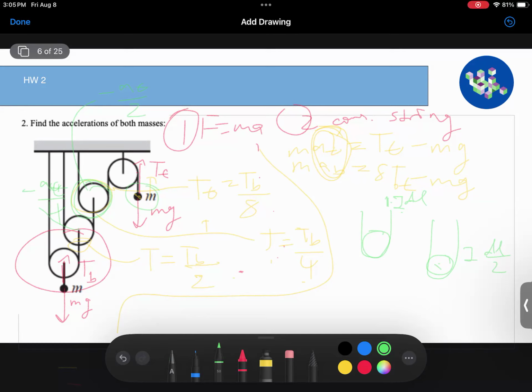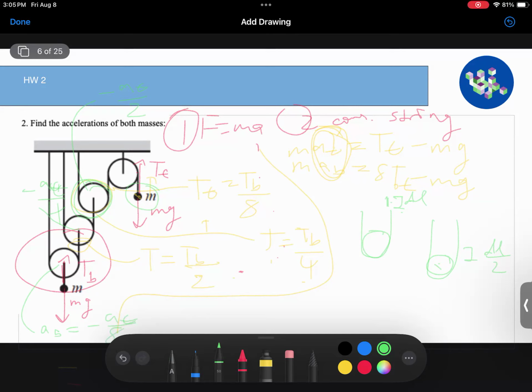If I do the same thing, I get that the acceleration of the bottom pulley, AB, is equal to negative AT over 8.